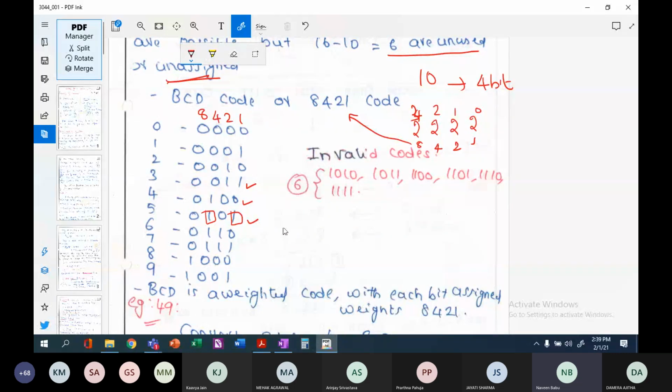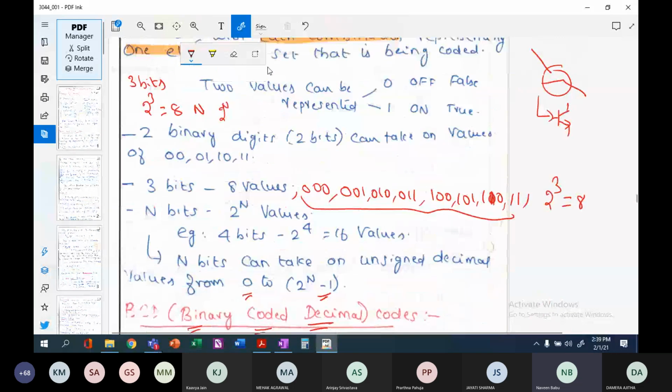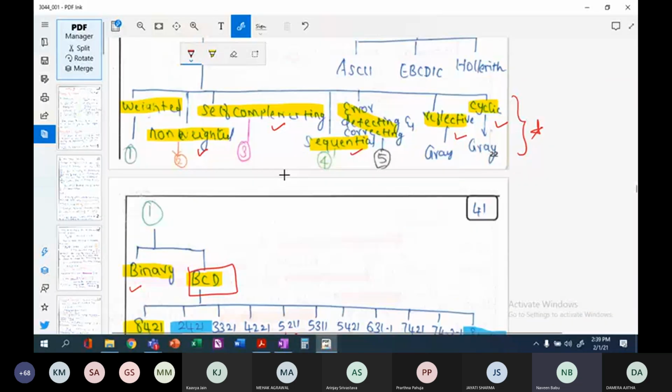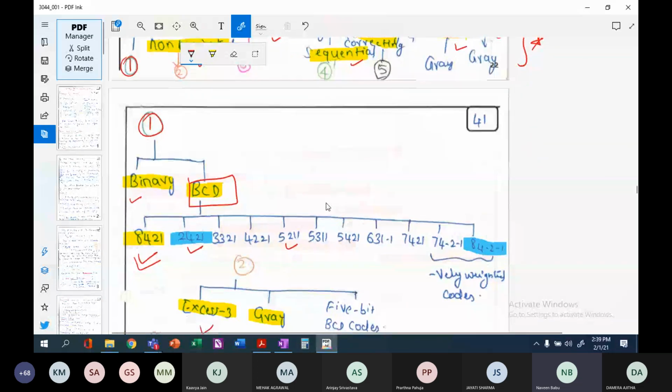So why this BCD? We are calling them a weighted code. Here you see that the main classification itself is a weighted code, right? These are weighted codes. Why is BCD called a weighted code? Because each binary bit position is weighted by its binary value. Here it is 8421.